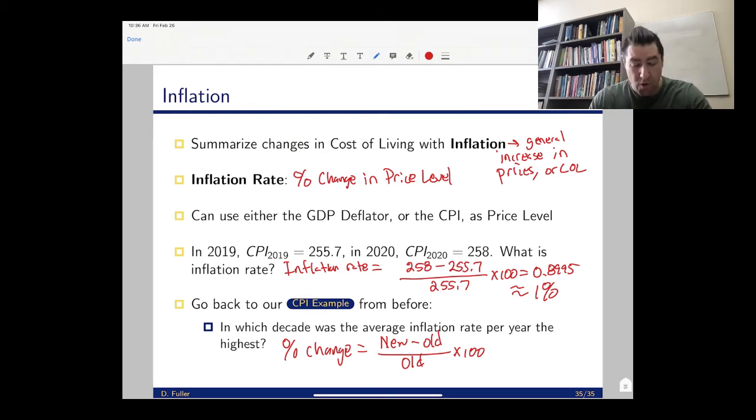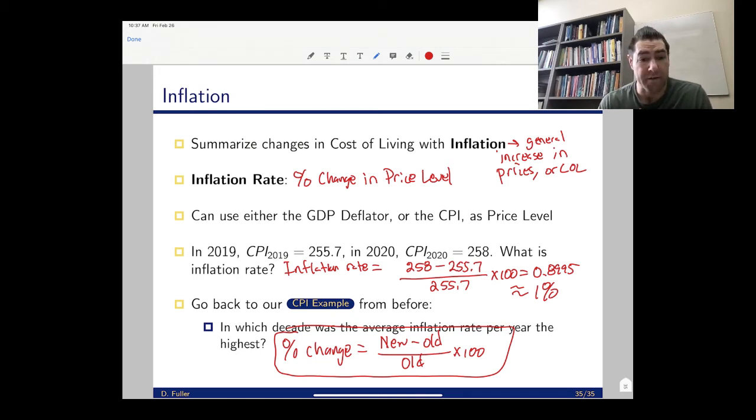All right, so what I'd like you to do is get some practice calculating the inflation rate. And by the way, there's a couple questions on the homework that ask you to calculate the percentage change or percent growth in either GDP or the price level. And so you can use this basic framework to make those calculations.